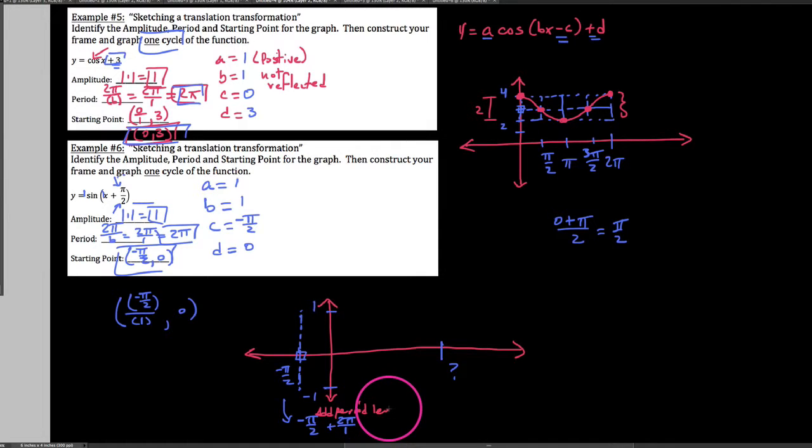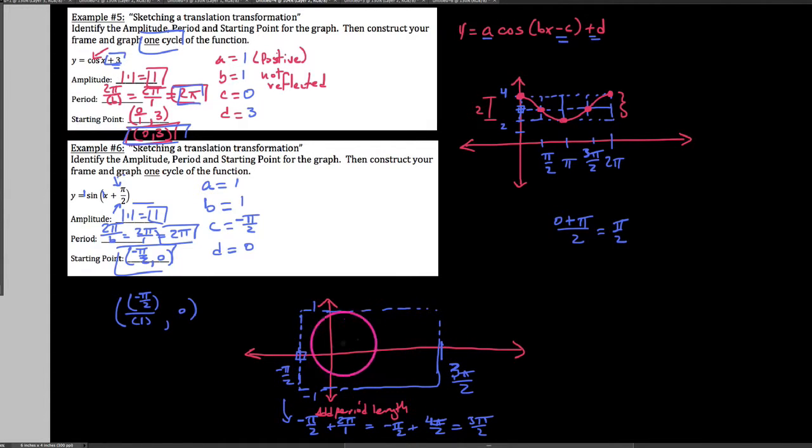So when we do this, this is the same as negative pi halves plus 4 pi halves. What we end up with is 3 pi halves. And so this, what we didn't know before here, is really 3 pi halves. So we're going to go out to this x value. We're going to extend our frame here.